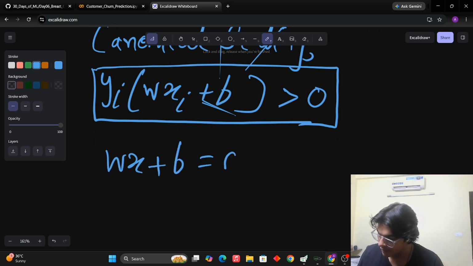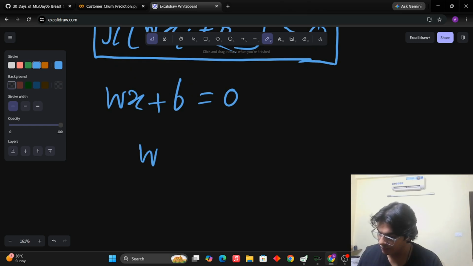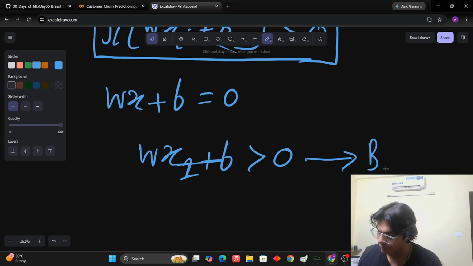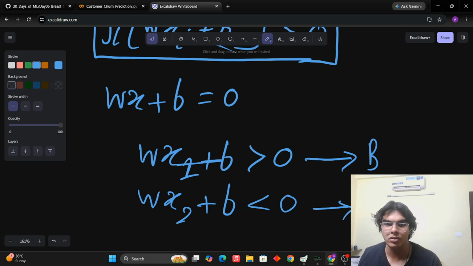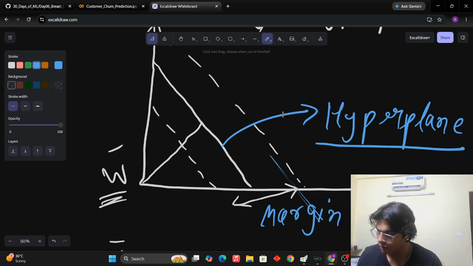If it is a benign model, you calculate something like, let's say, wx1 plus b. If it is greater than 0, you say that, yes, it is benign. And if you calculate some other point wx2 plus b and it comes out negative, you say that it is malignant. Because these two values are always going to be different, which is how we do the classification.